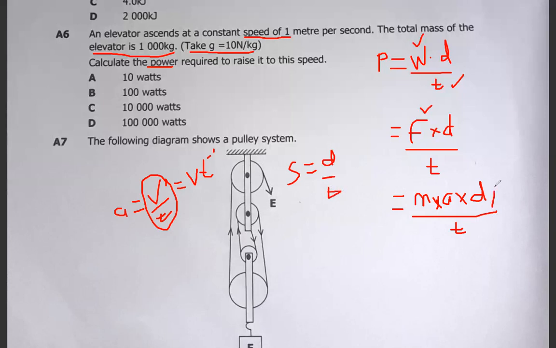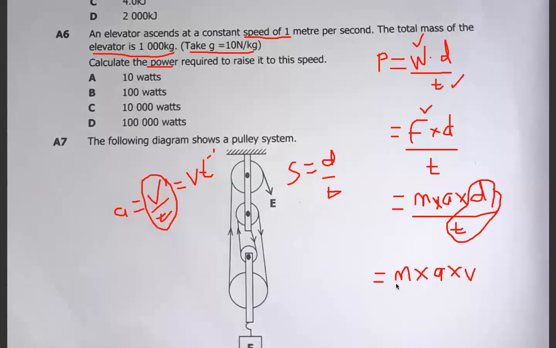So here where we have distance over time, we are going to put speed. And therefore this is mass times the acceleration due to gravity, times the velocity. So this is how power has been reduced to.